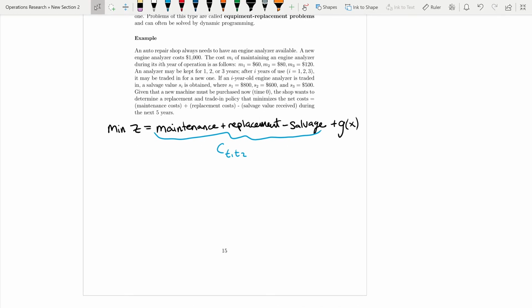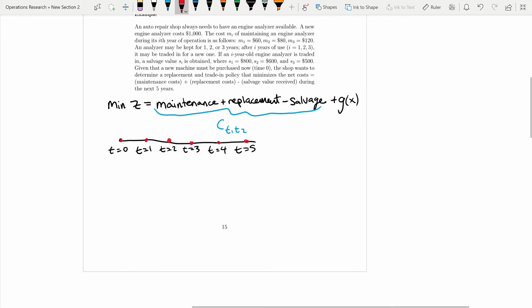Basically what we're looking at here is this big time frame. This is going to be time 0, time 1, time 2, 3, 4, and 5. And we need to figure out with these points what the optimal repair versus replace situation is going to be for us.